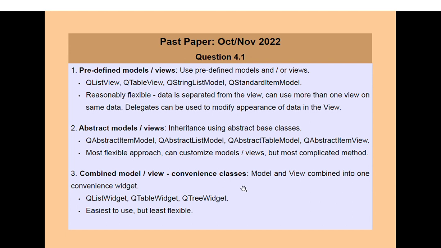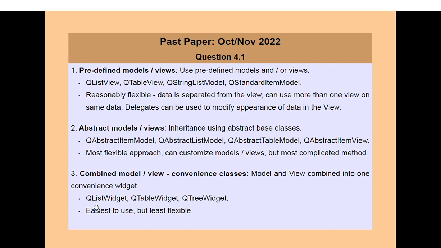But these convenience classes break the traditional MVC pattern and combine the model and view into one convenience widget. The data is actually still sort of kept separate from the view, but they are just put together into one object. So although it's a bit broken, it is in a sense still a model and view implementation.